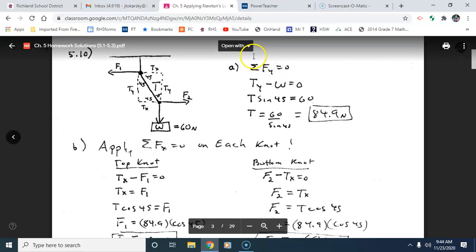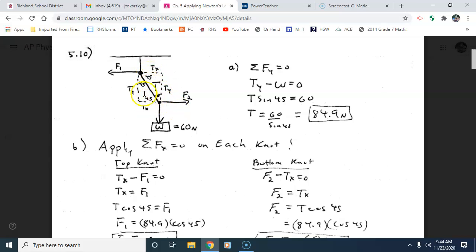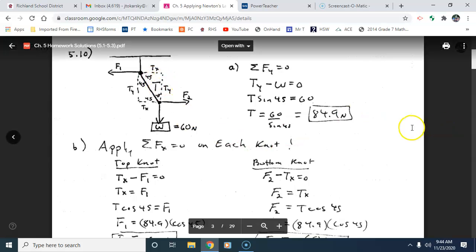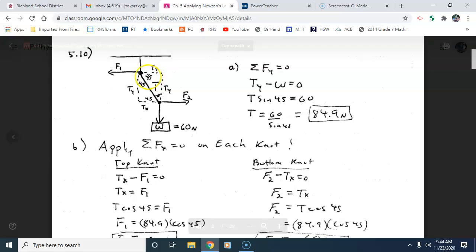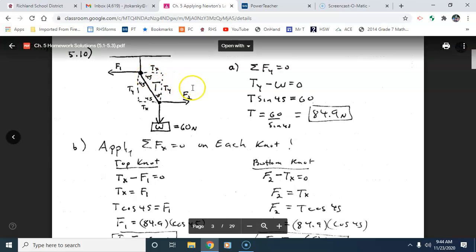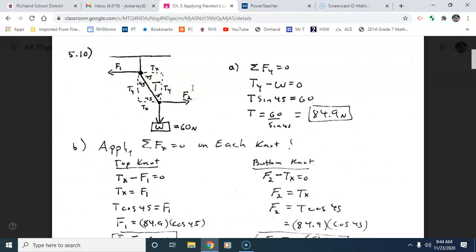When we break up the angles, we know them the way they gave us. This angle is 45. Therefore, this one's 45, 45, 45, right? Because of the nature of 45, 45, 90 triangles. That means we could use the sine of 45 for Ty in that place. And actually, since it is 45, sine or cosine are the same, but that's unique to this problem.